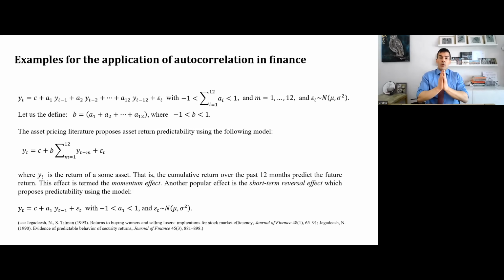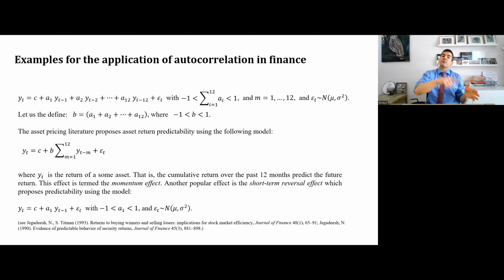Now we have to bear in mind that the sum of the autoregressive parameters, the a_i from i equals 1 to i equals 12, so the cumulative sum of these parameters, needs to be, in absolute amount, smaller than 1.